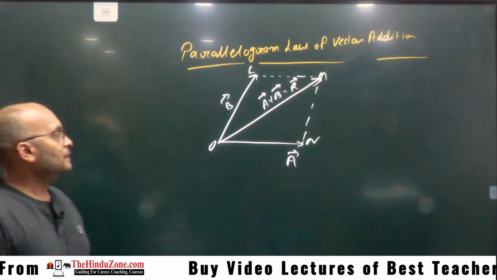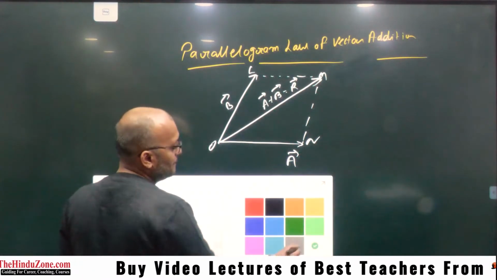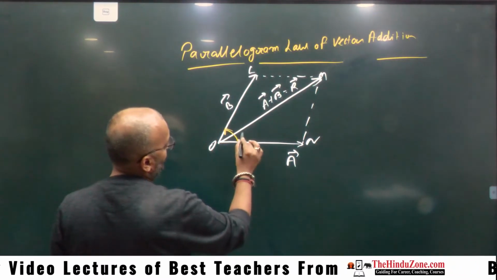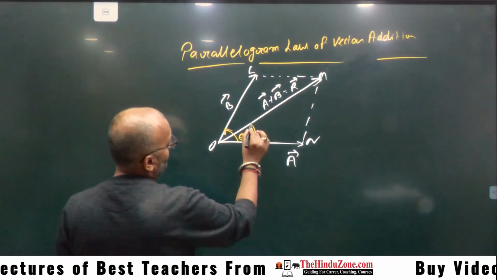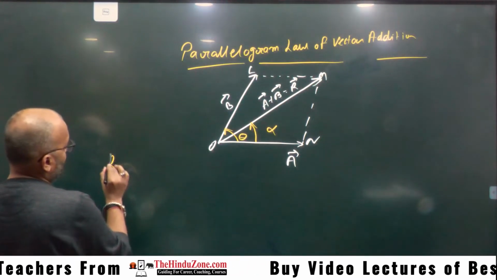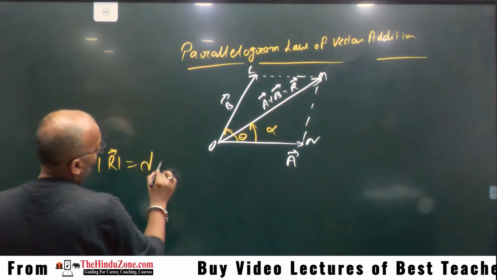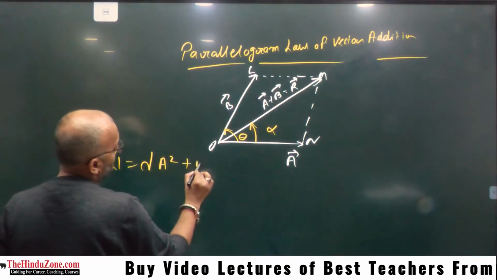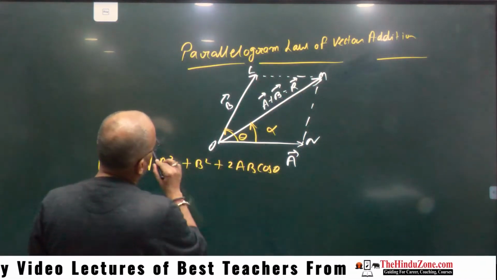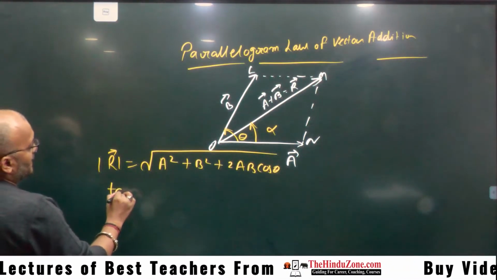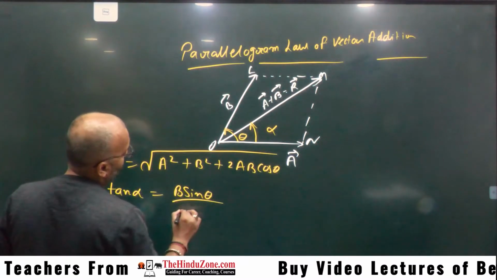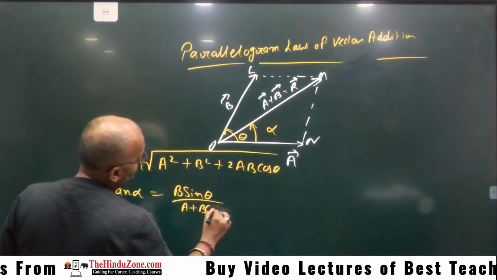Okay. But nothing special in it. Please see. This is the same angle between A and B, theta, and the same angle between the resultant and vector A, alpha. So again your magnitude of the resultant will be under the root of A square plus B square plus 2AB cos theta, same formula, and your tan alpha will be B sin theta upon A plus B cos theta, again the same formula.